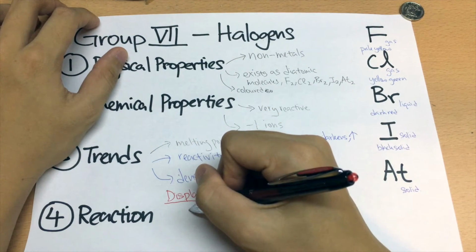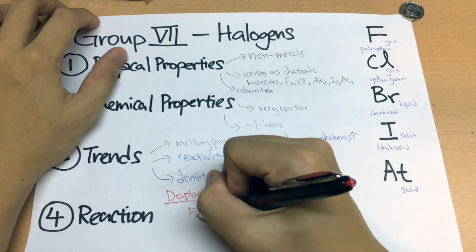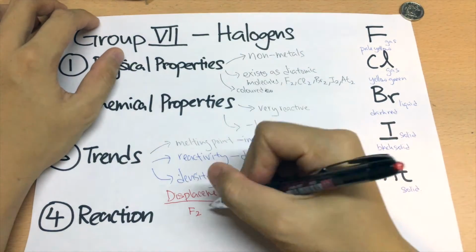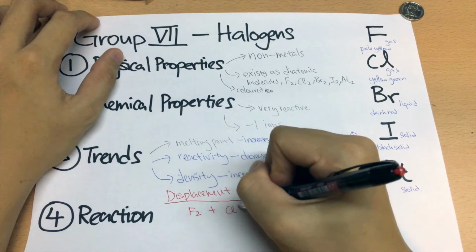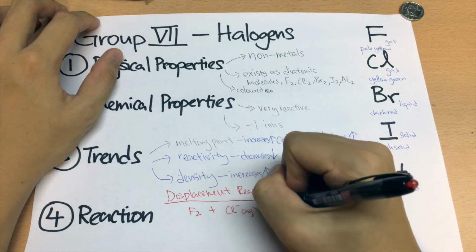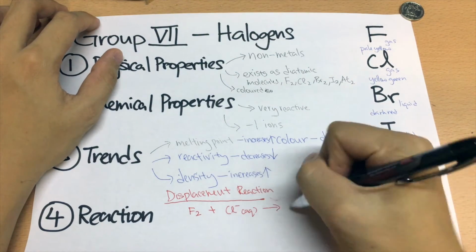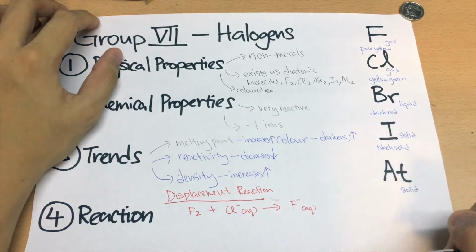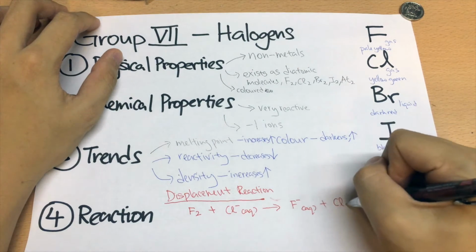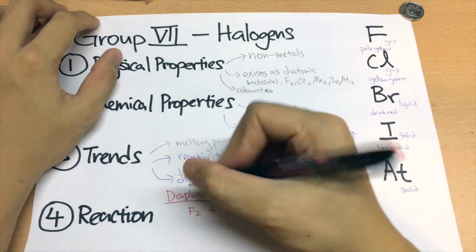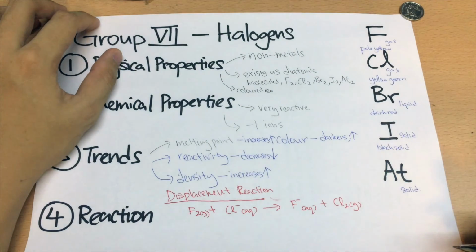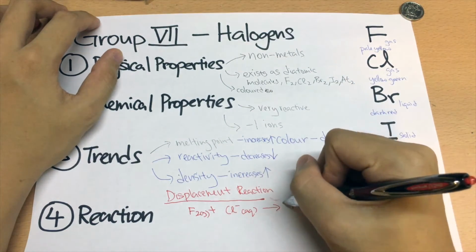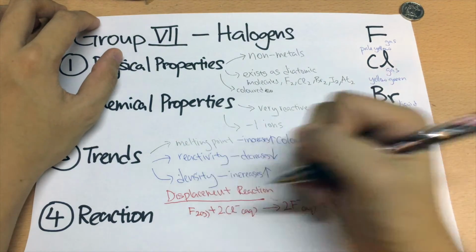Fluorine gas will displace chloride ion in solution to form fluoride ion in solution and chlorine gas. When we balance this equation, we can add a 2 here and we add a 2 here.